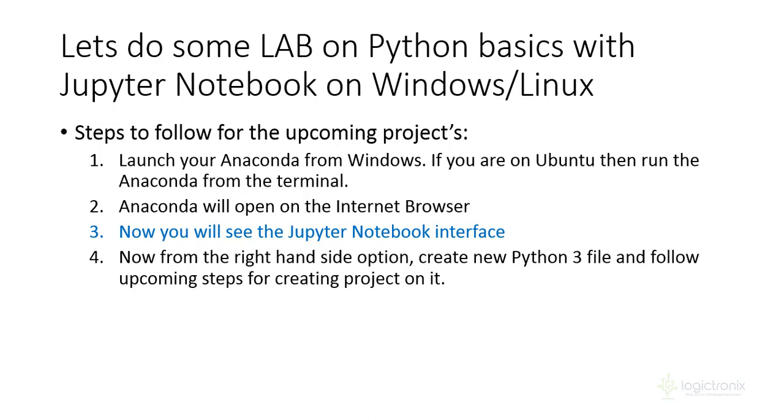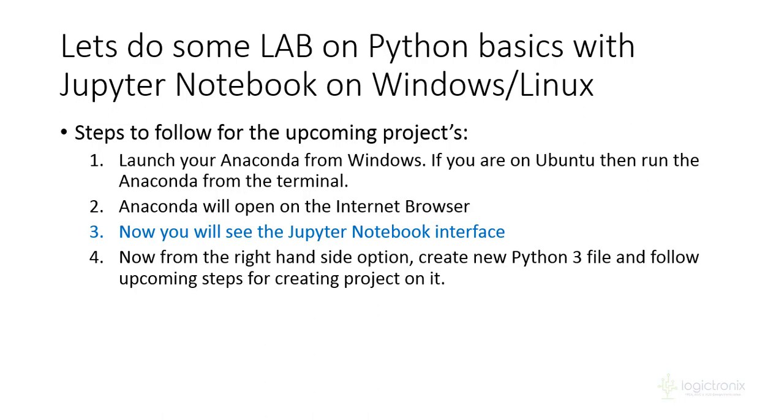So let's do some labs with Jupyter Notebook. Jupyter Notebook is a quite easy interface for learning Python, and Python with machine learning and data science. We can install a number of libraries and frameworks with Jupyter Notebook, and it is user-friendly and easy to understand for beginners as well as intermediate or expert level people to learn and explore with Python.